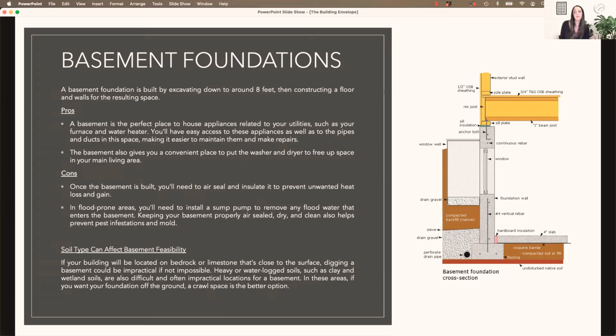In Colorado, we have a lot of bentonite in our soil. And we also have a lot of clay type soils. So that can affect moisture content and shifting as well. So it really just depends. Although I do see a lot of basements in Colorado, more so than say, Texas is a great example.